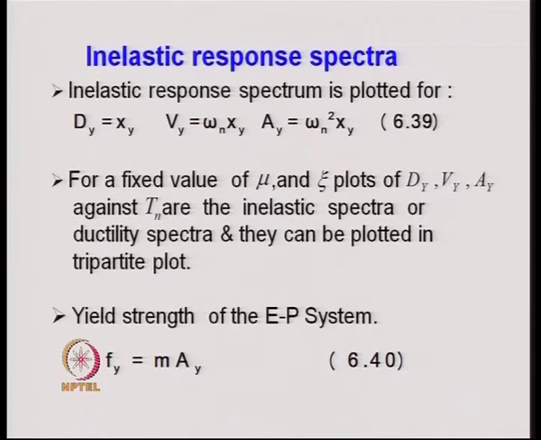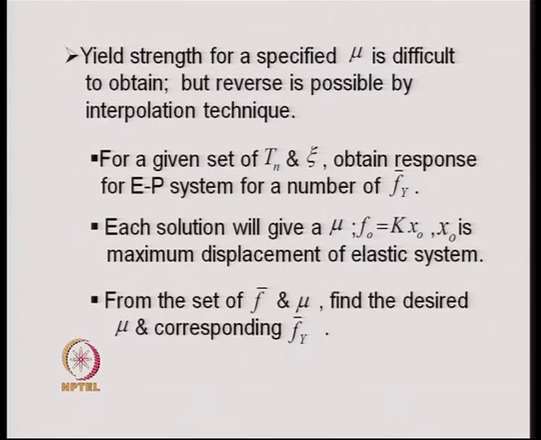The yield strength of the elastoplastic system can be written as Fy is equal to m into Ay, that is, the yield acceleration multiplied by mass, that we have described before. Yield strength for a specified mu is difficult to obtain, but the reverse is possible by an interpolation technique.